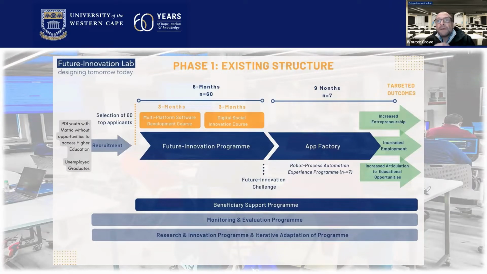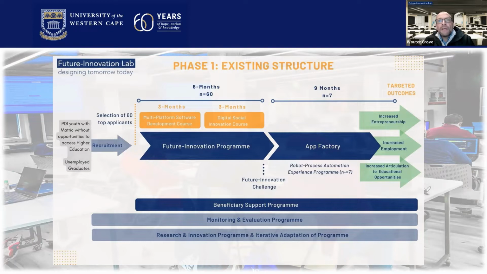And then there's also further integration into internship programs. We specifically focused on in-demand skills like robotic process automation, with the overarching goal to increase entrepreneurship uptake, employment uptake, and articulation into higher education opportunities.